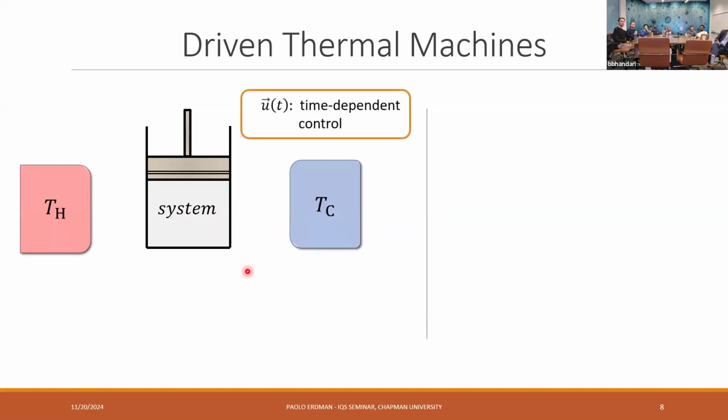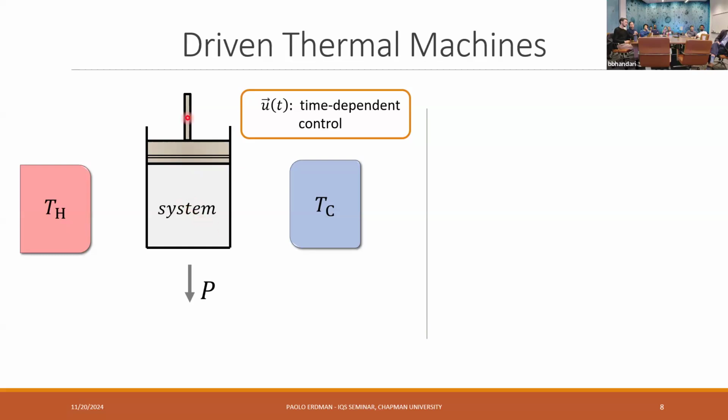And again, what's important is that we have these time-dependent controls. So in this classical case, if this is a piston with some gas inside, our control could be, for example, the position of this piston. And if we act on it, so if we allow it to expand, we can exchange work with it. So this is how we can exchange work in a driven thermal machine.